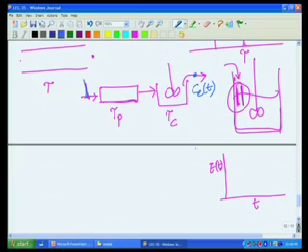Now, what will I expect here? I will expect that this tracer will not enter the stirred tank reactor until time tau p has elapsed, because it is a plug flow. So, at time t equal to tau p, we will see a pulse of tracer which will be input to the stirred tank reactor.